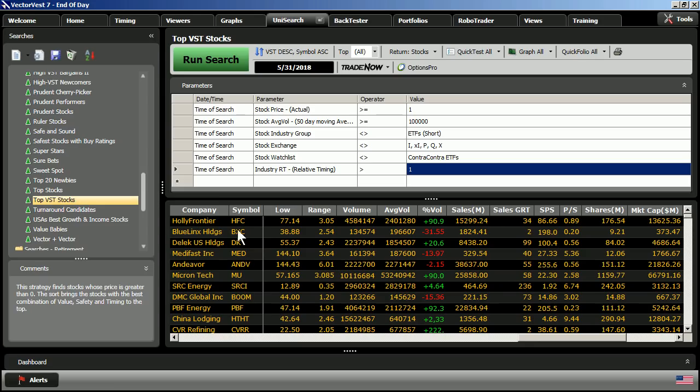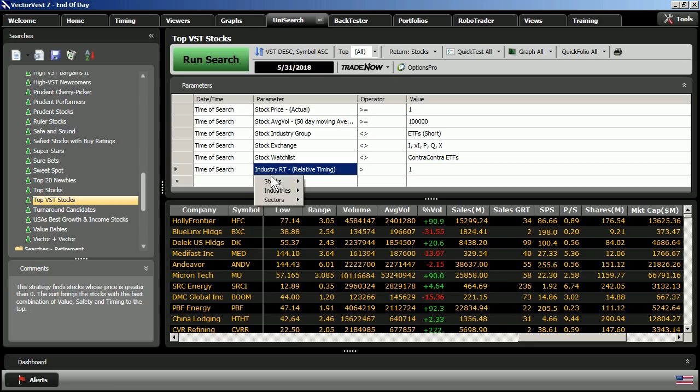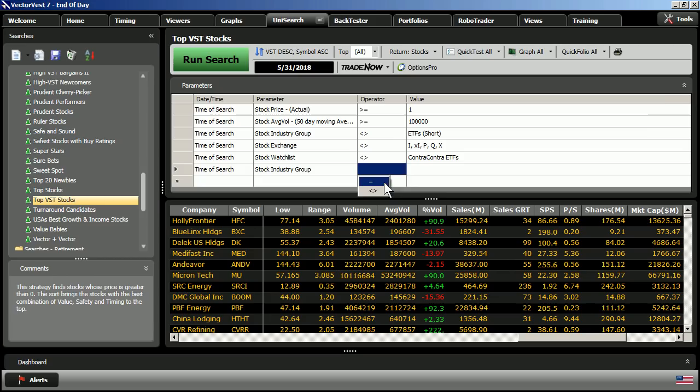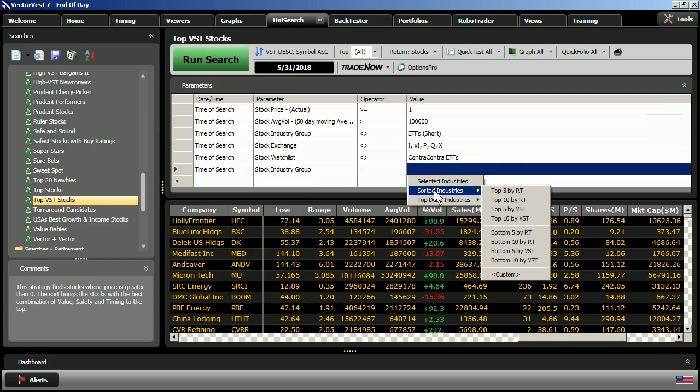Or let's use our filter tool. Show me stocks filtered by their industry group. Just show me stocks that are in the top 10 industries.